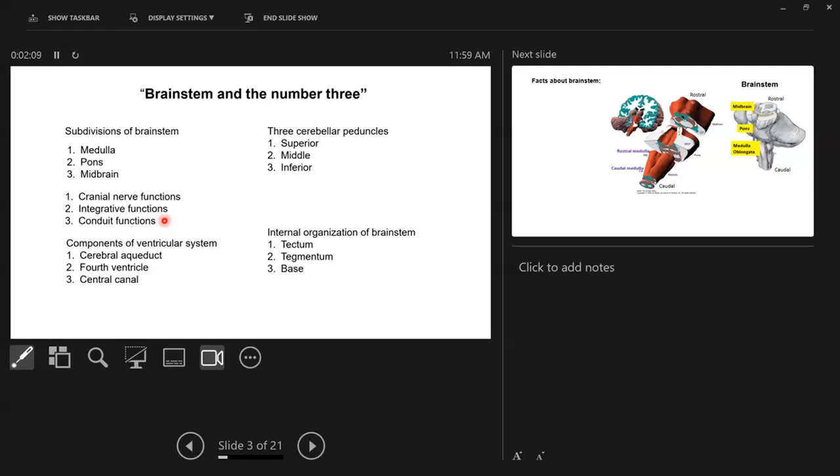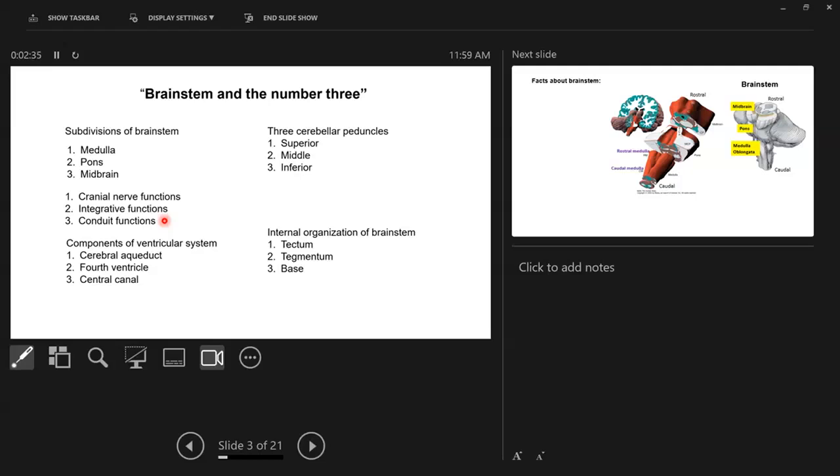Integrative functions refer to something that may link sensory to motor and even some higher order mechanisms, such as regulation of pain and regulation of consciousness, but also cardiovascular and respiratory functions would be included in this.